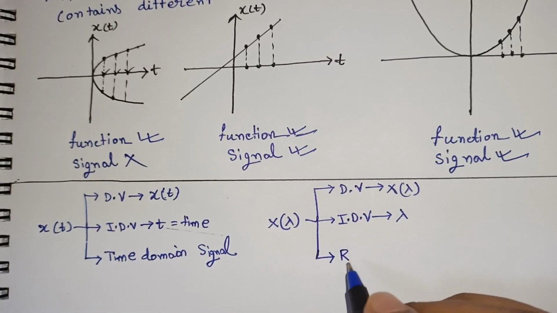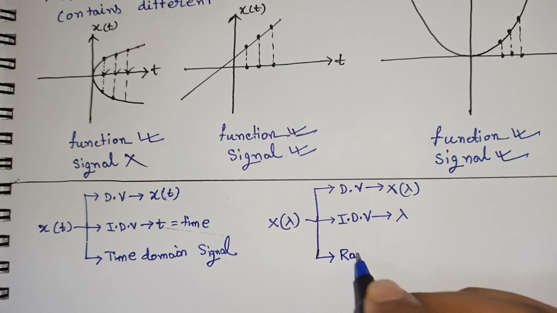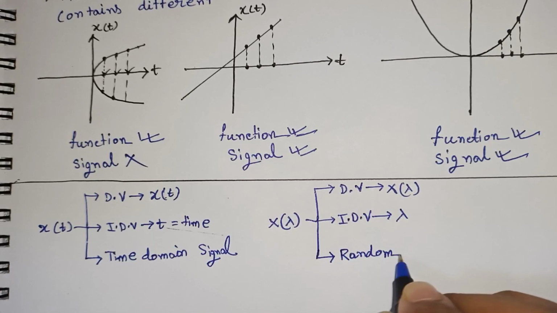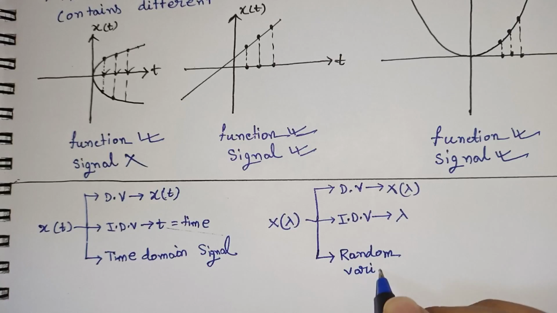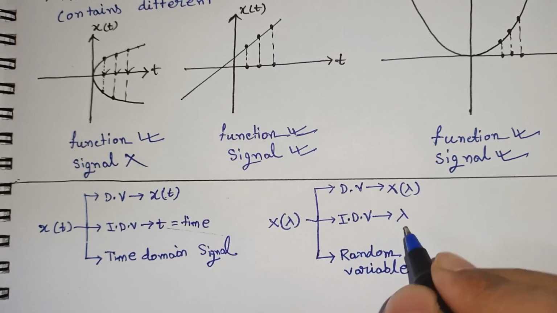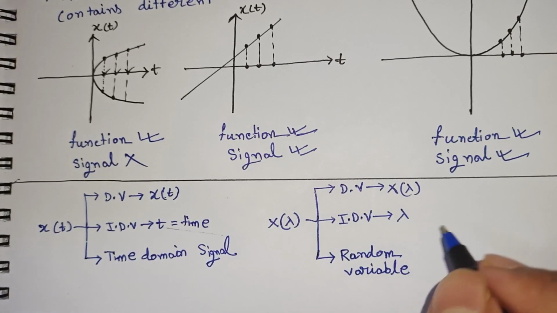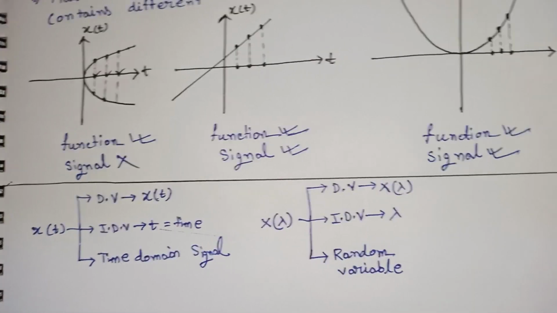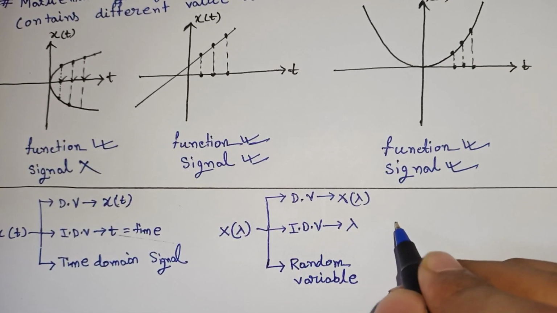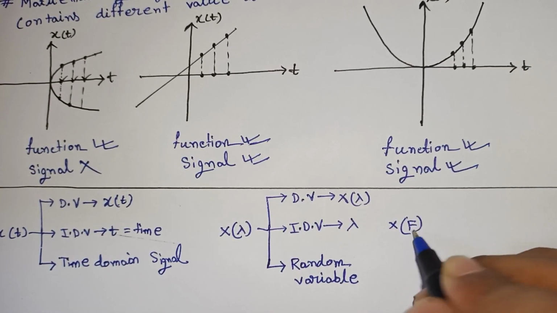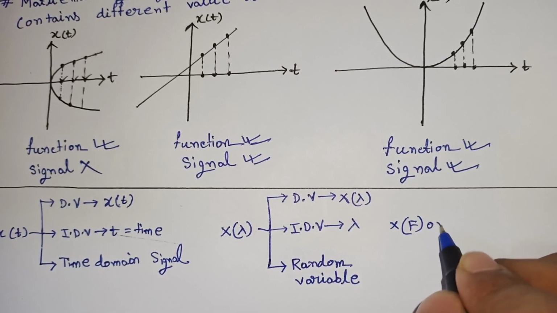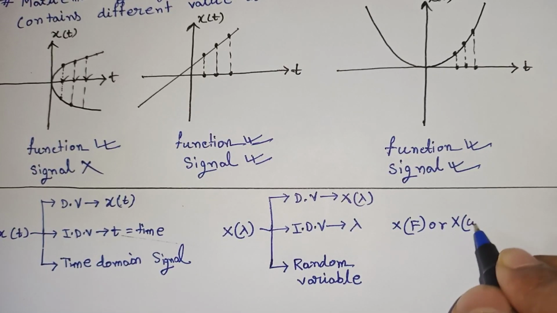It is a random variable. Here lambda is the space. Another one is x(f) or x(omega).